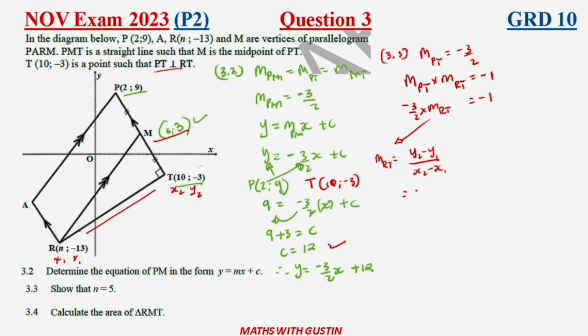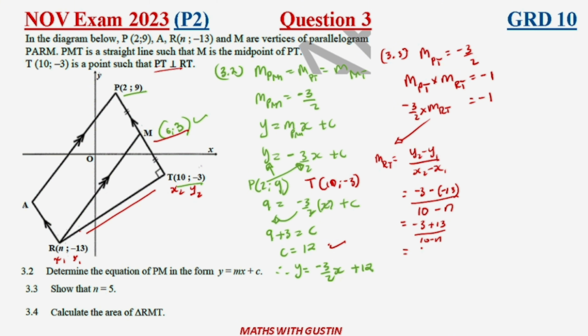So what is y2? y2 is -3 minus (-13), all over x, which is going to be 10 minus n. So now let's simplify. This is going to be -3 plus 13, which is equal to 10, over 10 minus n.